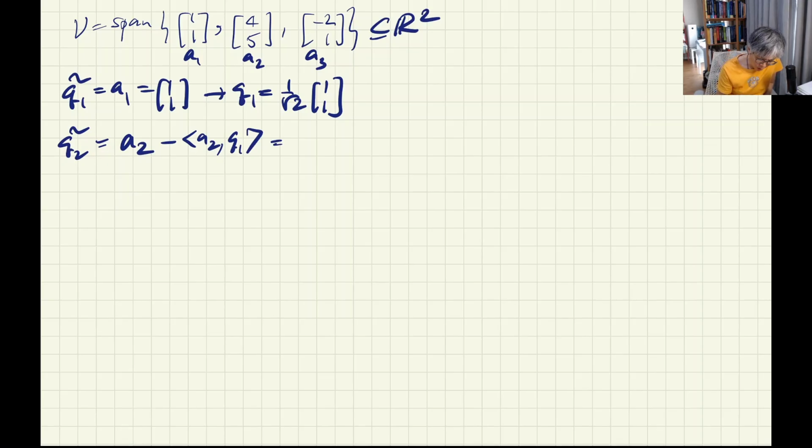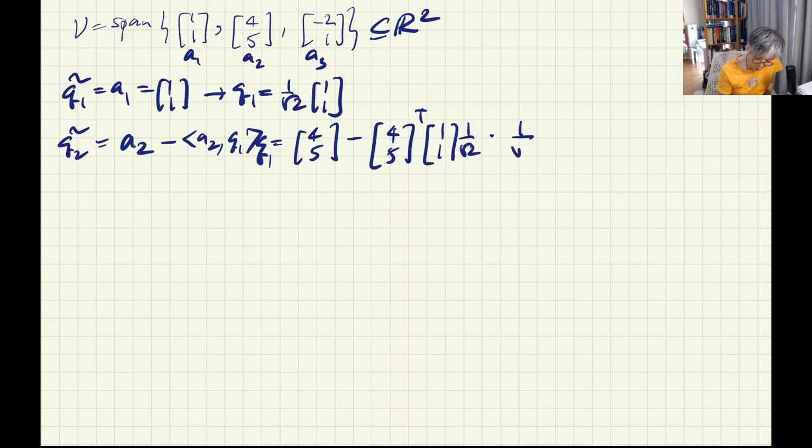So that's going to be (4, 5) minus the inner product of (4, 5) with (1, 1) over square root 2, multiplied with Q1, which is 1 over square root 2 times (1, 1). That's going to give you (4, 5) minus 1 half.